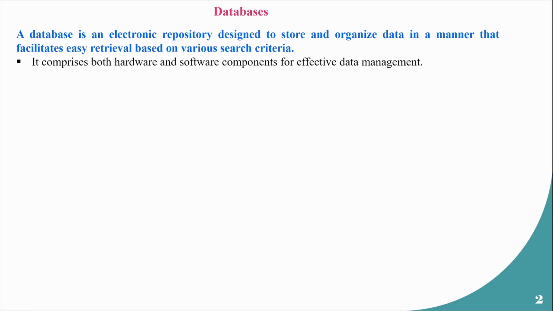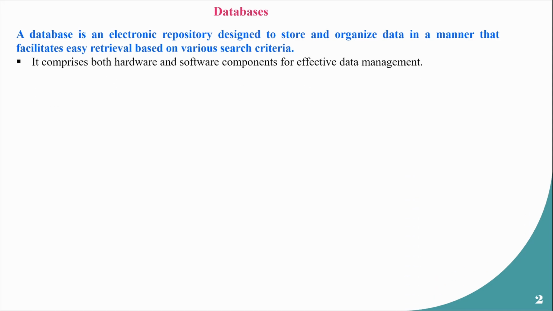Okay. So basically, to sum up what I said, a database is an electronic repository designed to store or organize data. Not only that, but it has to facilitate easy retrieval based on various search criteria. Those are some of the features that make a database effective.